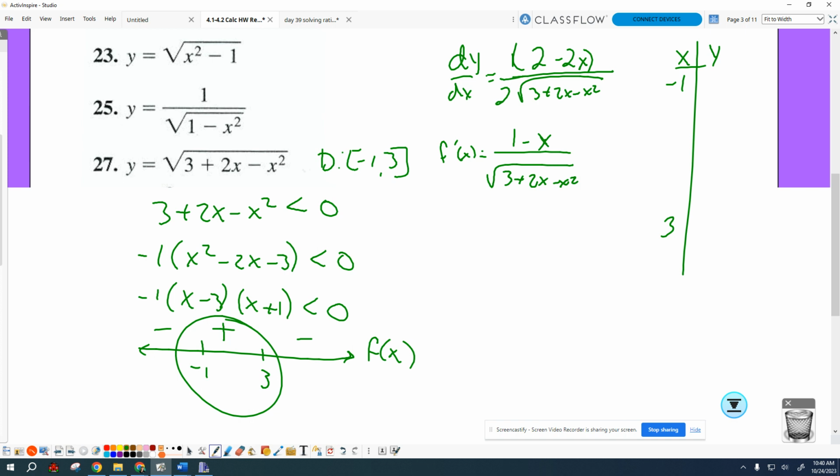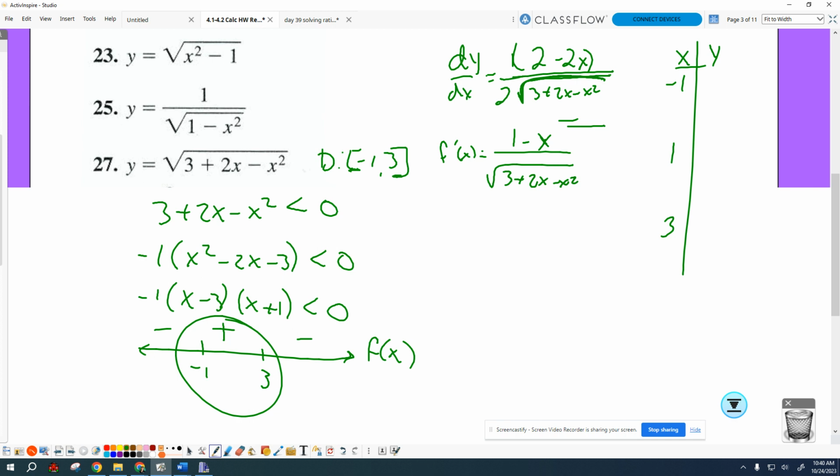Is it in the top of the fraction or the bottom? Bottom. So the exponent is already negative 1/2. Yeah. Okay. So again, this one is undefined at the edges of my domain. And where is it 0? Where the numerator is 0, which is x equals 1.